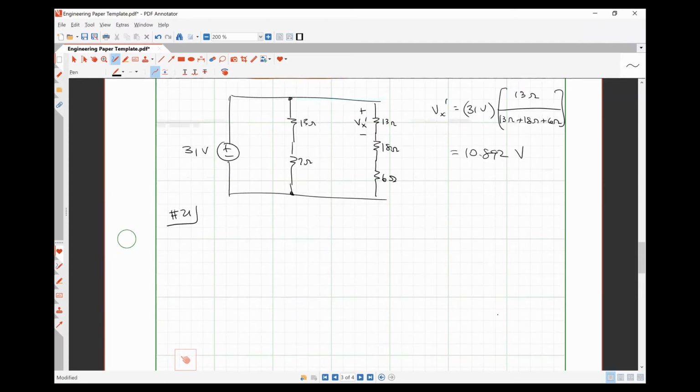All right, problem 21. So contribution of the 4 amp source.